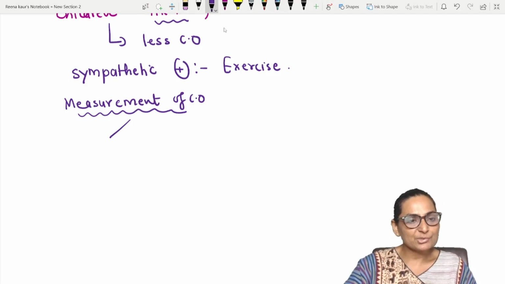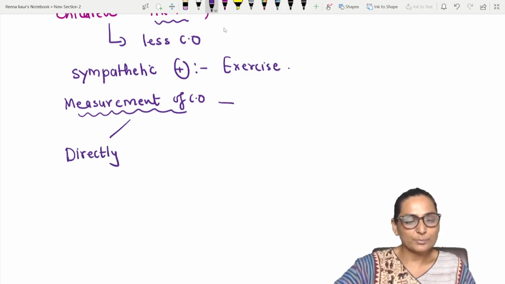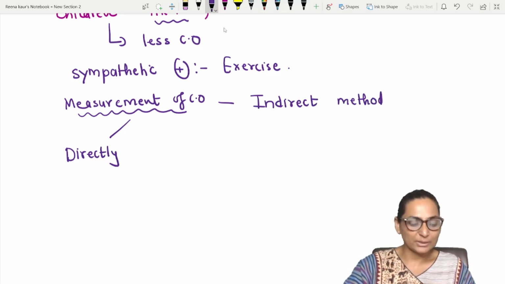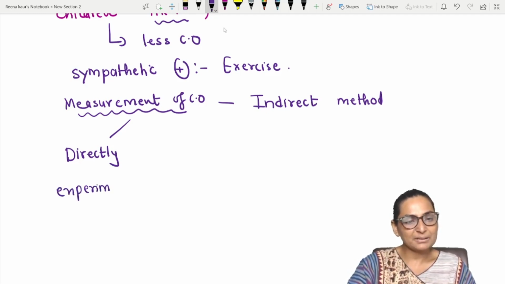It can be measured directly, and it can also be measured indirectly. So you should just know the names of the methods by which you can estimate cardiac output directly or indirectly. Directly, however, this is only done in experimental animals.